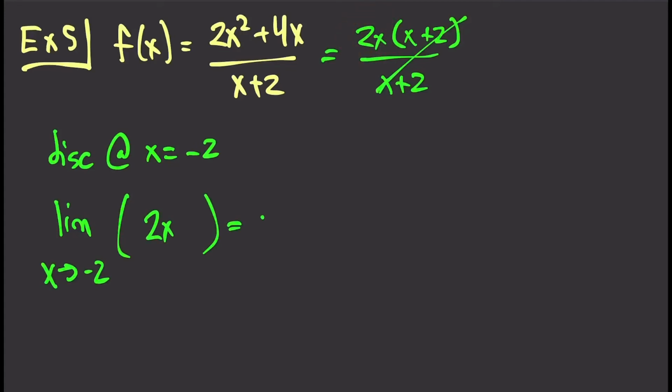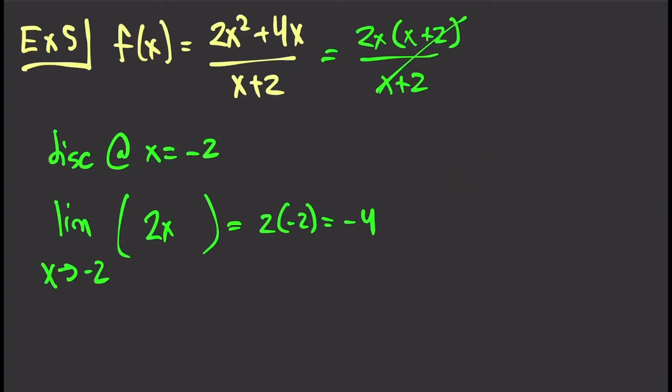Okay, plug in a negative 2. 2 times negative 2 is negative 4. So what are we saying? We're saying that it has discontinuity, but the limit exists. So visually, here's what we're saying. The function doesn't exist, but the limit does.